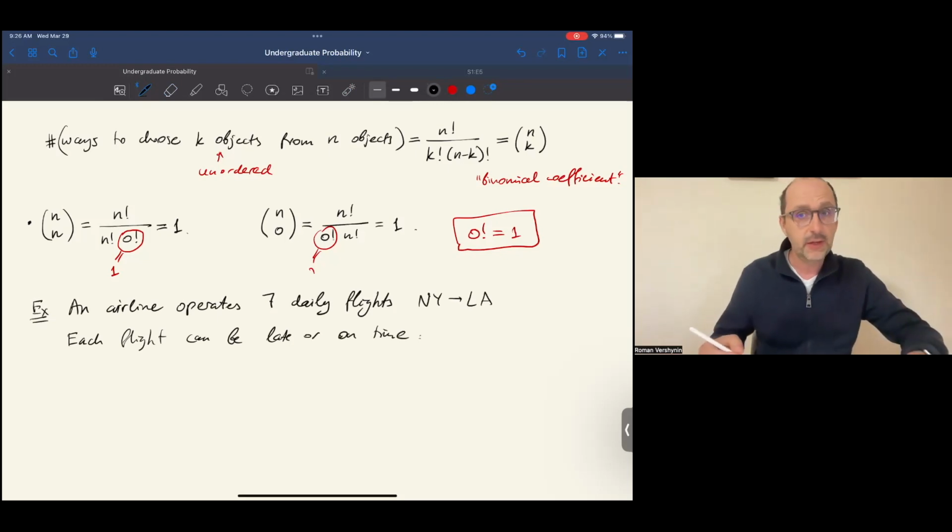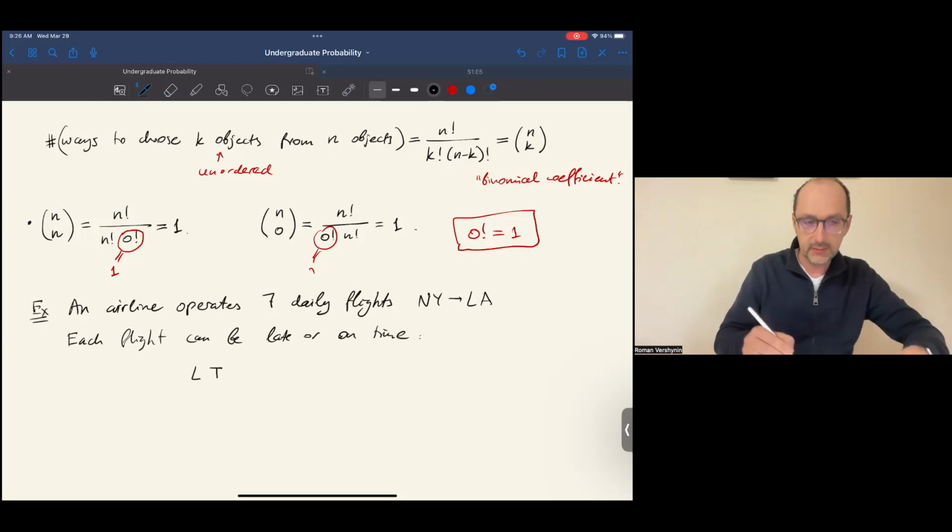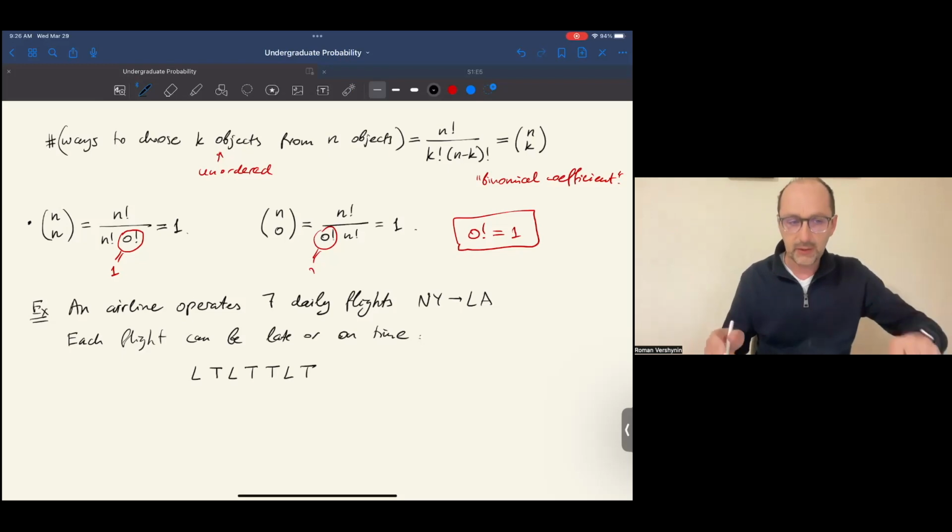So every day's scenario of flights looks like this. The first flight could be, for example, late, and the second maybe on time, and the third is late, and then there are a couple of flights after that on time, and then there's late and there's on time. 1, 2, 3, 4, 5, 6, 7. Yeah. So this is a scenario of one day, one possible scenario.